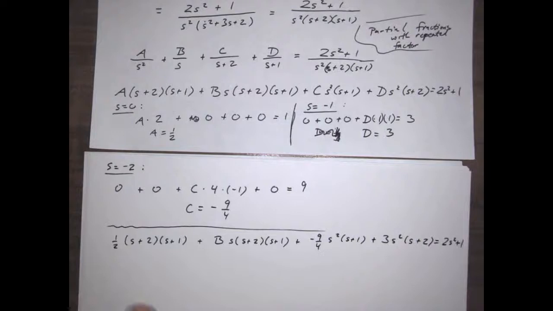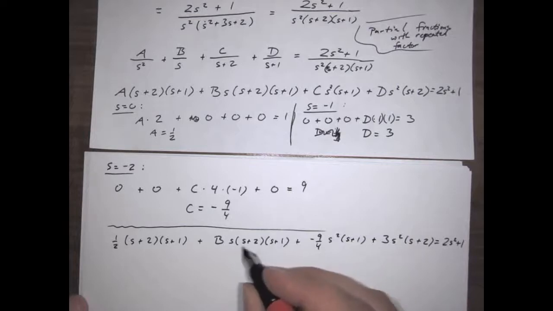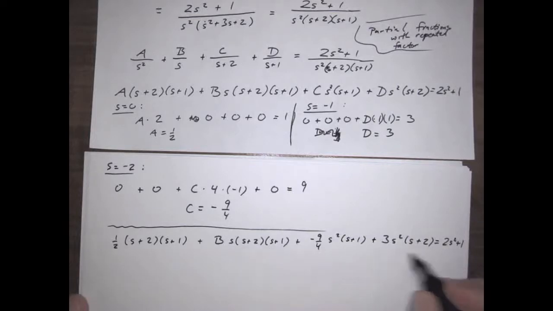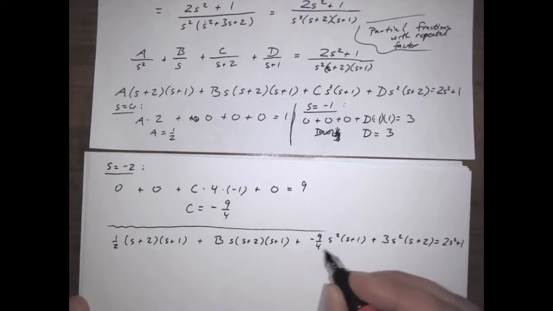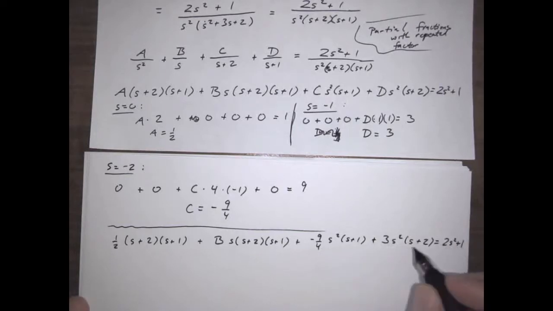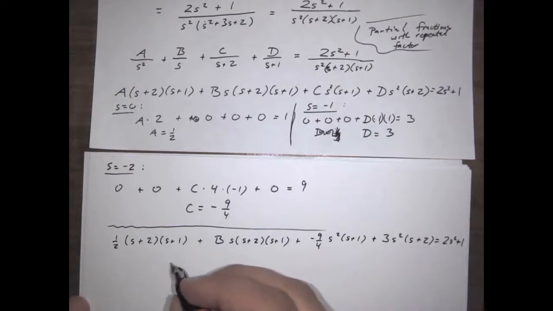Now notice here that the B will be the coefficient of the s cubed term. There is no s cubed term over here or over here, and the s cubed term here will be -9/4, and the s cubed term here will be 3.